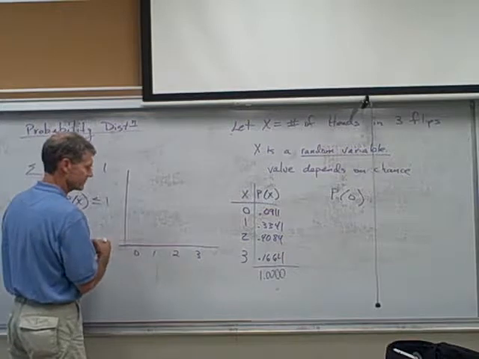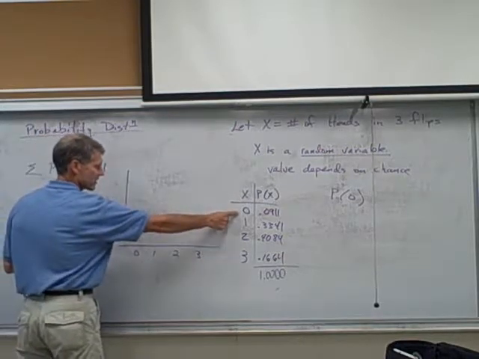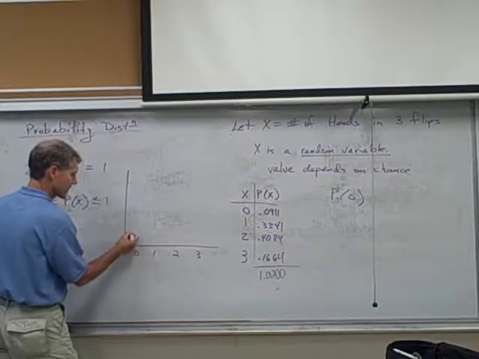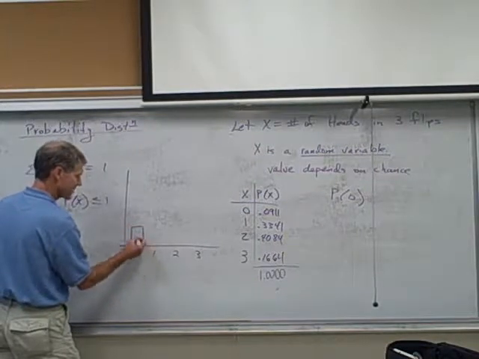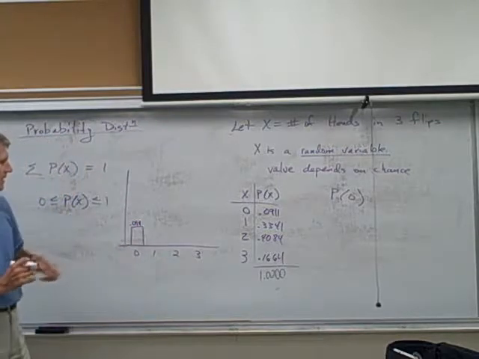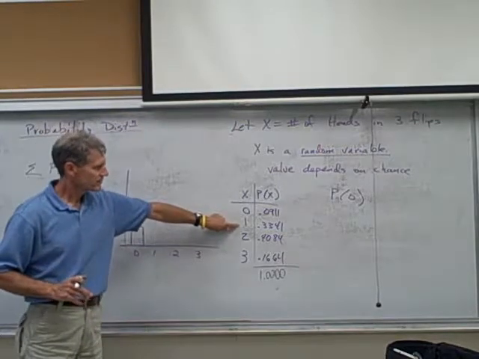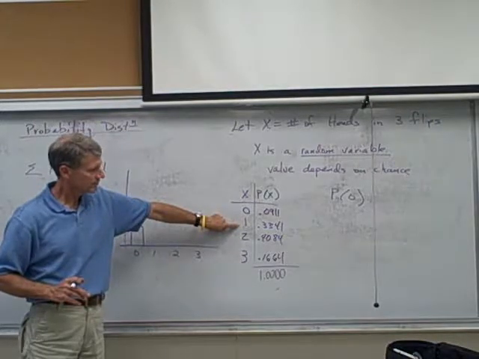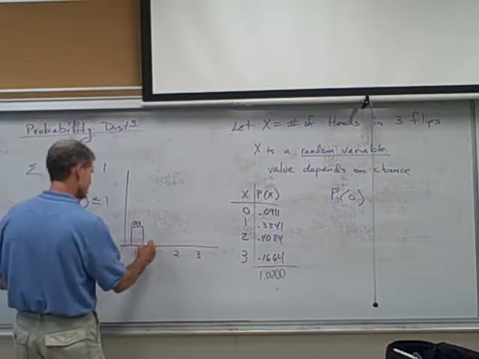We'll graph this. At 0, I have 0.09 probability. So we'll make that tall. So this is 0.0911. The next one is about, well, a little more than 3 times as tall as this bar.